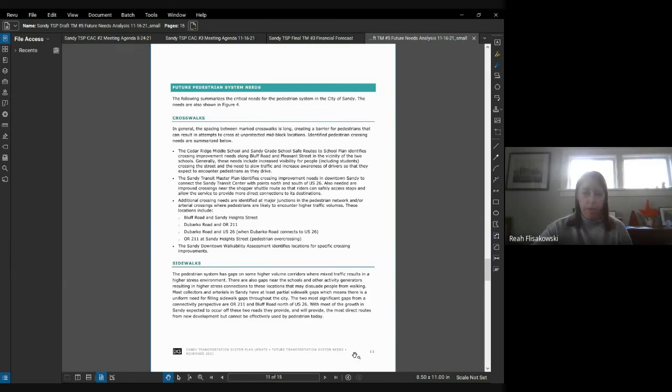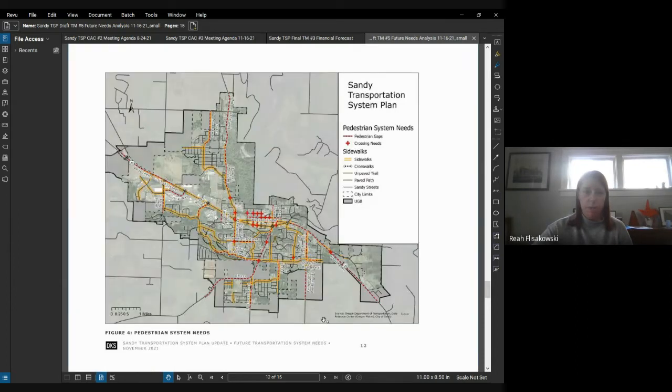And then we did an inventory of all the sidewalks, and we marked where gaps in the sidewalks are. Again, these are all the red dashed lines. These are the primary locations where sidewalks are missing, either on arterials or collectors, and you can see there's quite a few.